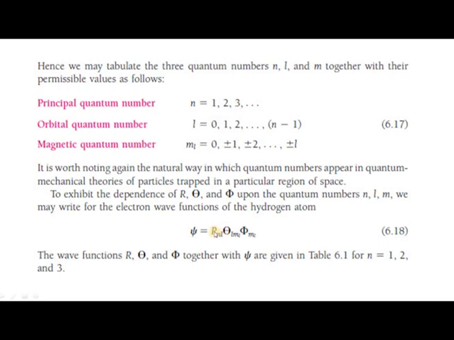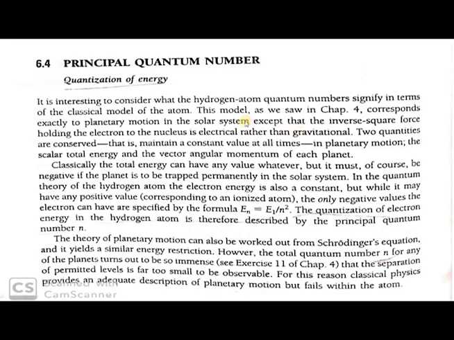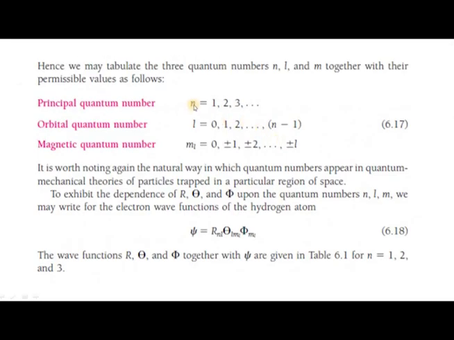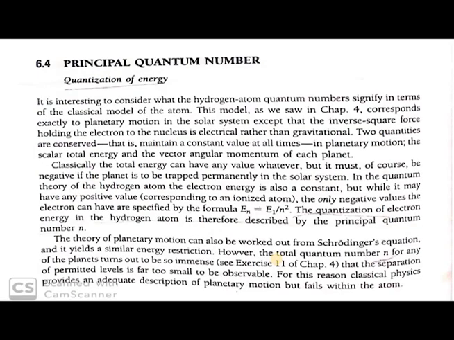Now I can specifically write R as a function of n and L. R is a function of n and L, theta is a function of L and ml, and phi is a function of ml. So the wave functions R, theta, phi together can yield all the wave functions psi for the hydrogen atom.